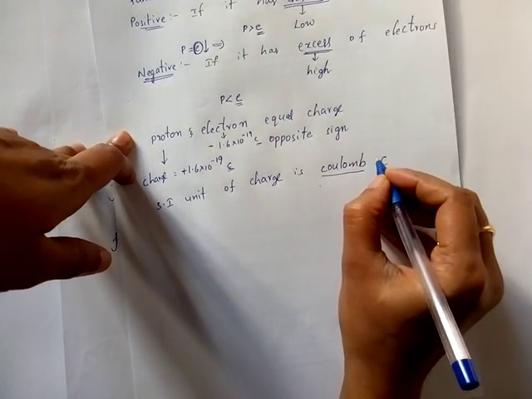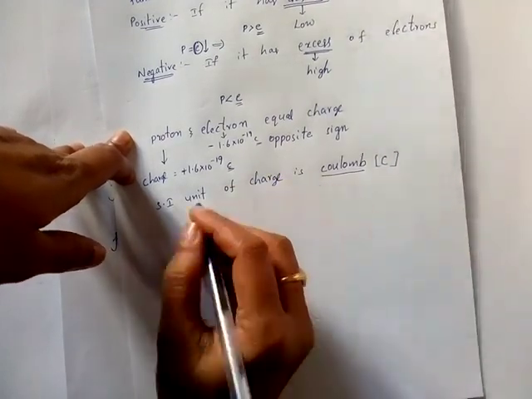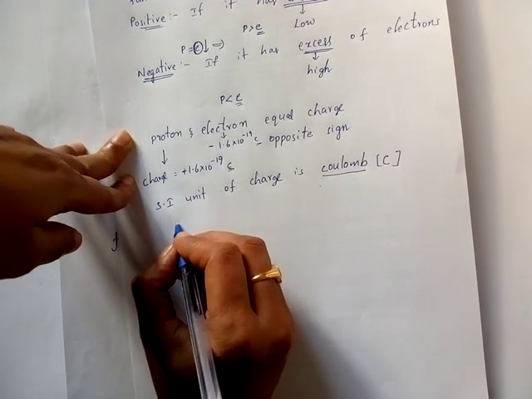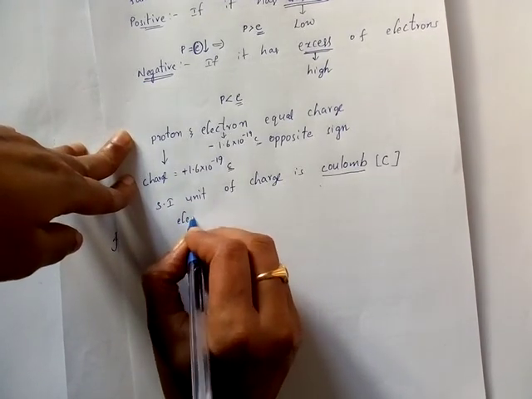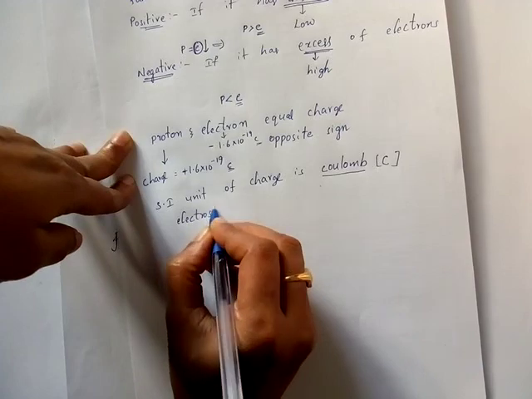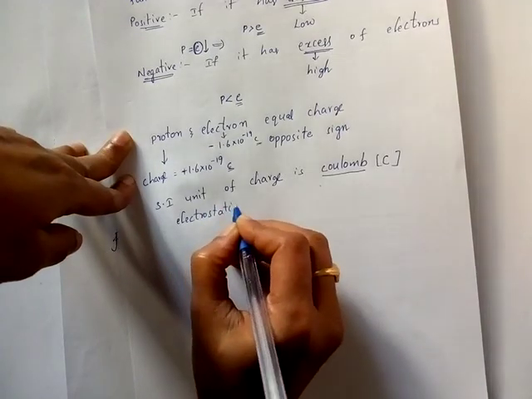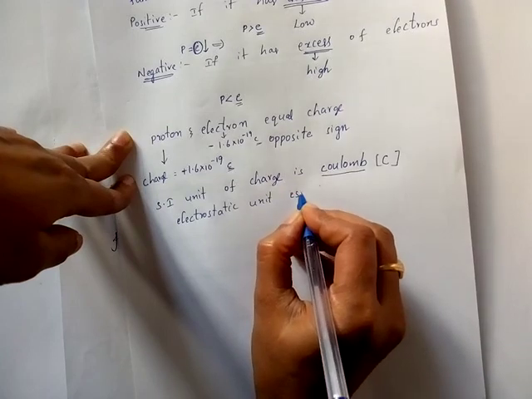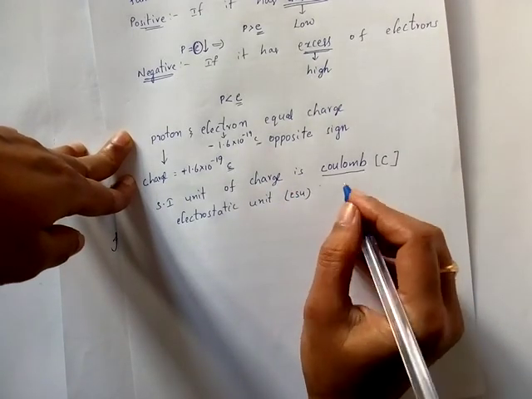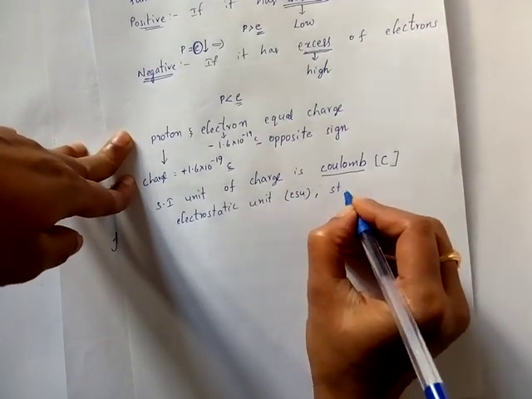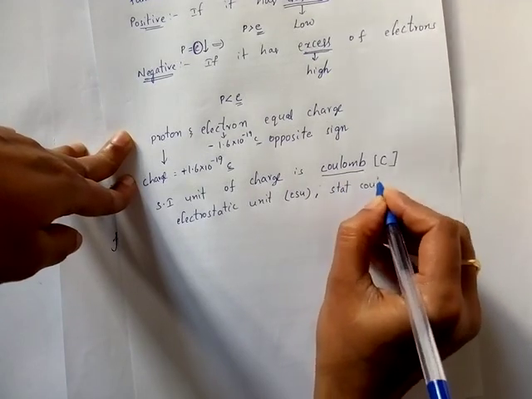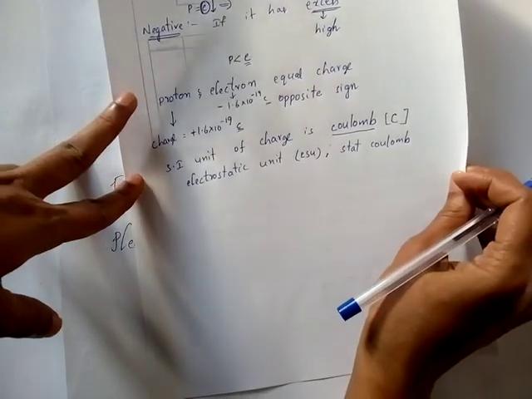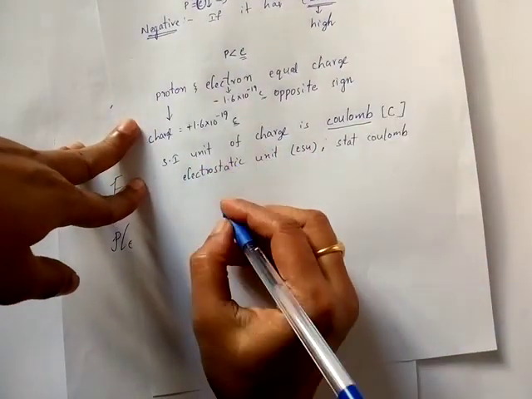When you are writing the symbol, you can just write capital C. So CGS unit is Franklin, and electrostatic unit, ESU, is also one of the other units. In the same way, stat coulomb. So all these are used to represent the unit of charge.